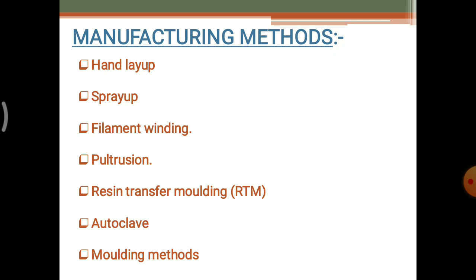We have also discussed one of the molding methods, that is prepreg. And in the molding methods there is another method, known as injection molding. This method is going to be discussed in this class, and the last topic is interfacial bonding. So let's see the last method of the manufacturing methods.